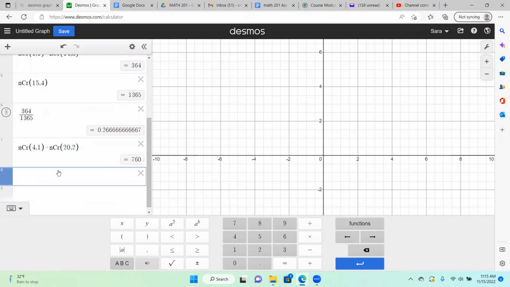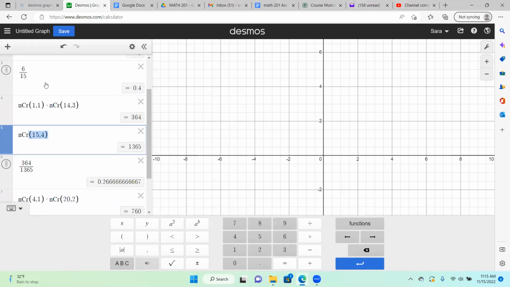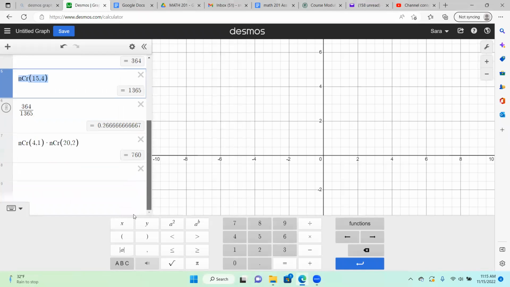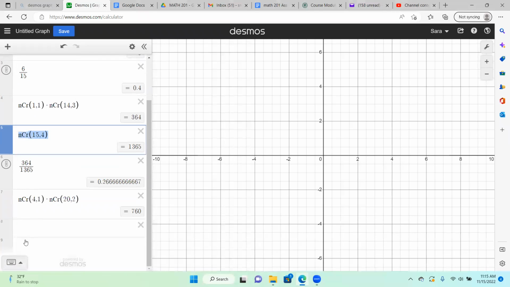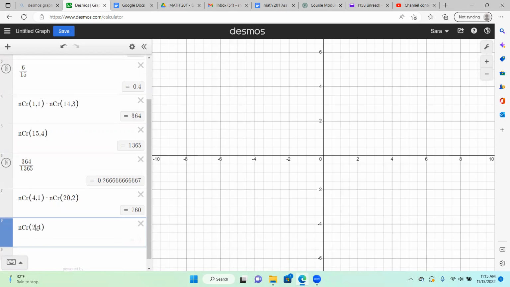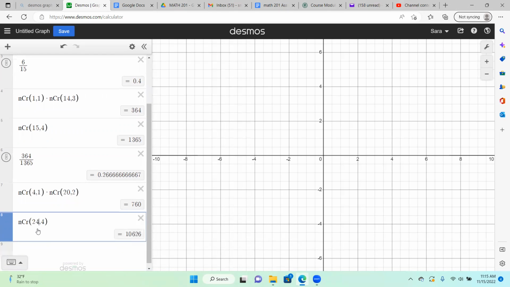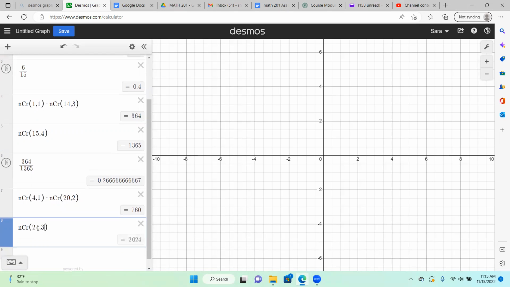And then that would be 760 is our numerator, divided by 24 choosing 3, 2024.